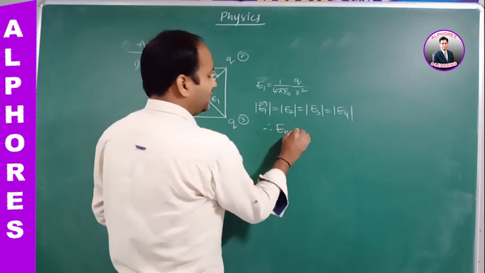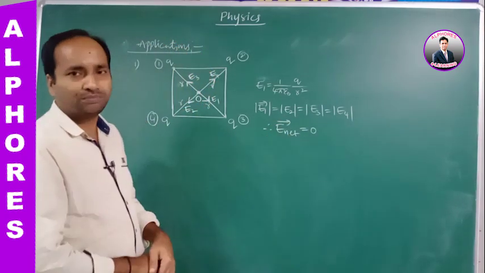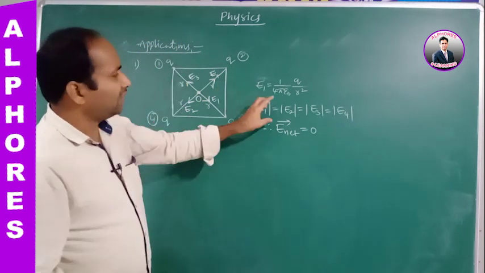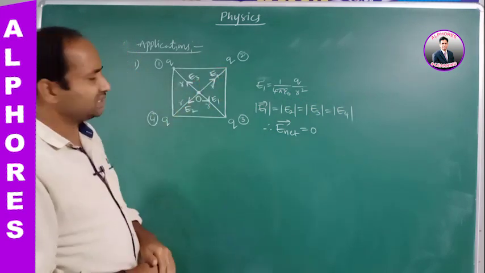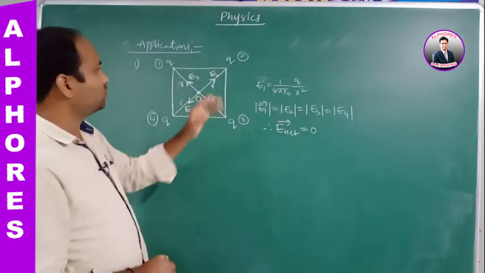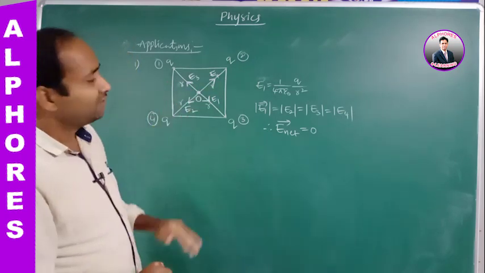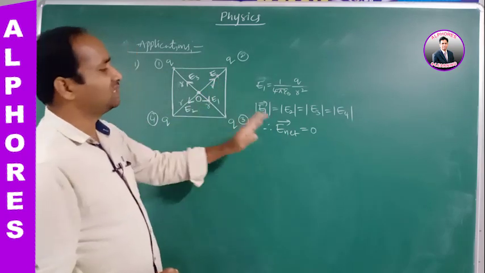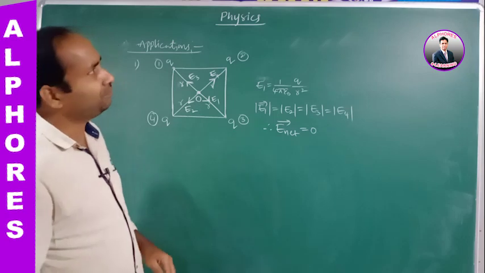The net intensity of electric field at the center of the square is 0. The intensity of electric field has the same magnitude for these four charges but different directions. That too, E1, E3 are opposite, E2, E4 are equal and opposite. They cancel with each other. Finally, the net intensity of electric field becomes 0 at the center of the square. Okay?